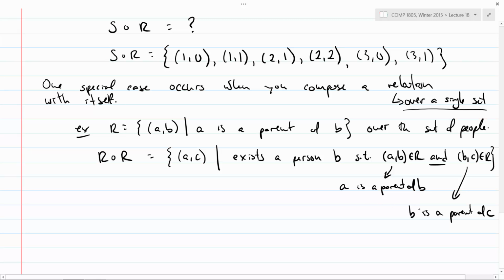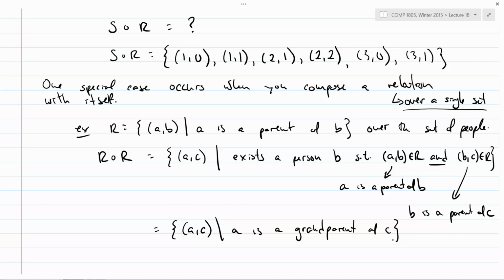A is a parent of B, B is a parent of C, so A is a grandparent of C. So this is exactly the same as AC, such that A is a grandparent of C. So that's what that relation is, and that's why this is interesting, or one of the reasons why it's interesting.